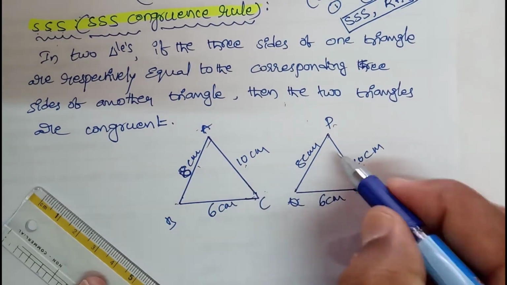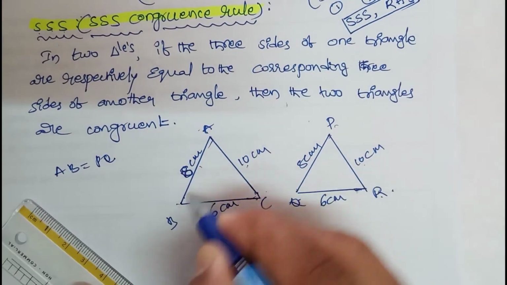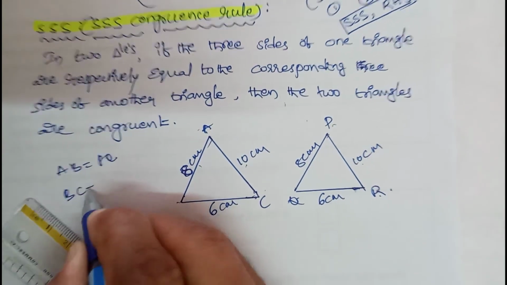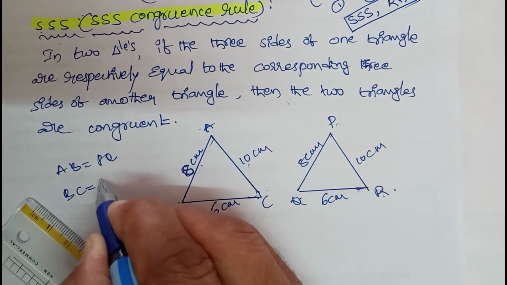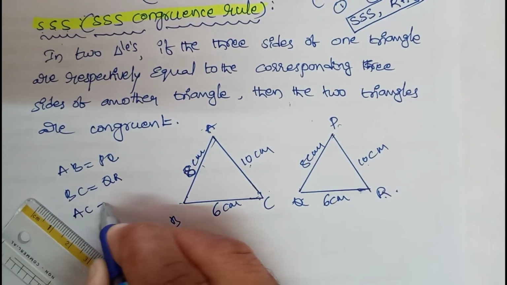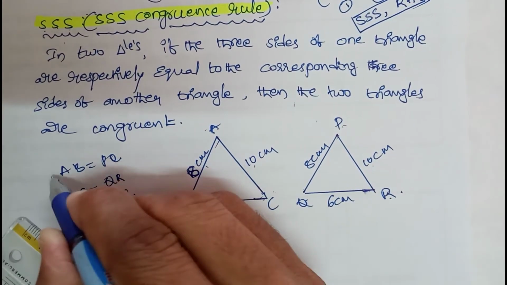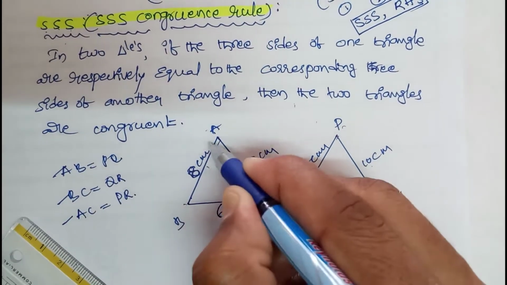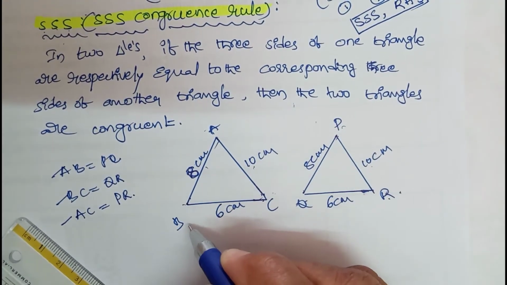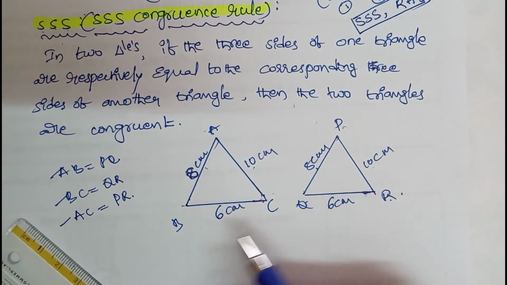So now we can observe AB equal to PQ, BC equal to QR, AC equal to PR. So 3 sides of one triangle are equal to the 3 sides of another triangle.